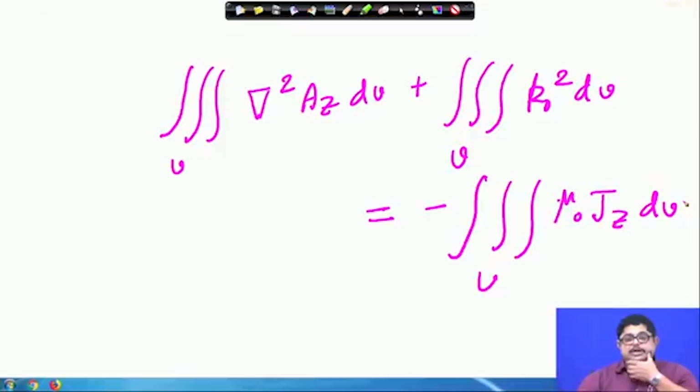This is the integration of the inhomogeneous Helmholtz equation. Now, there we have already simplified that del square A z dV will actually be a surface integration.